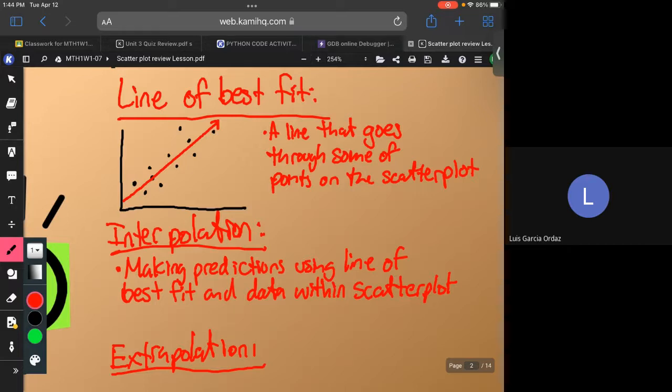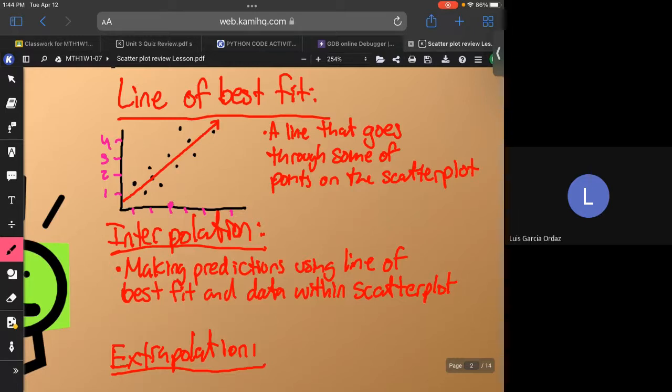So for example, let me use my purple. Everything's going up by 1, okay? So let's say I want to find the y value in this scatter plot where x is 3. I know x is 3 is over here, right? Because it's the third tick from the origin.